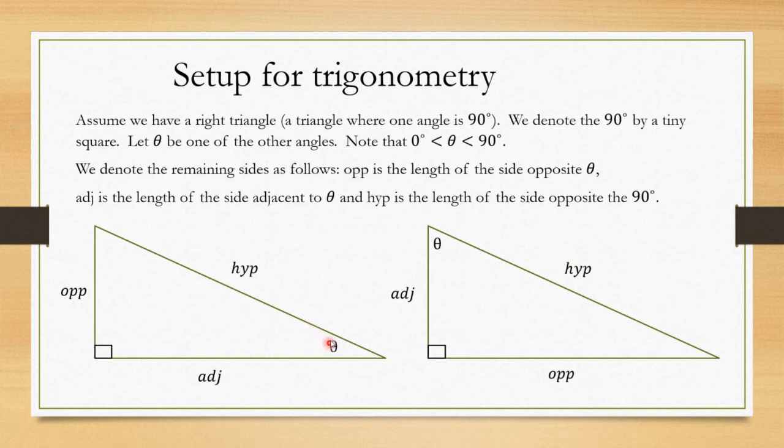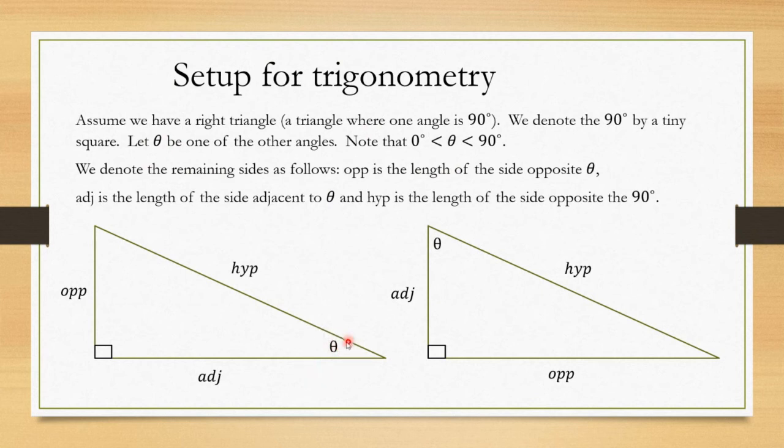Now, really, it could be here or it could be up here. It really doesn't matter that much. You do have to be a little bit careful because we're going to label the other sides. Note that theta is between 0 degrees and 90 degrees. Now, okay, so now that's what we have.